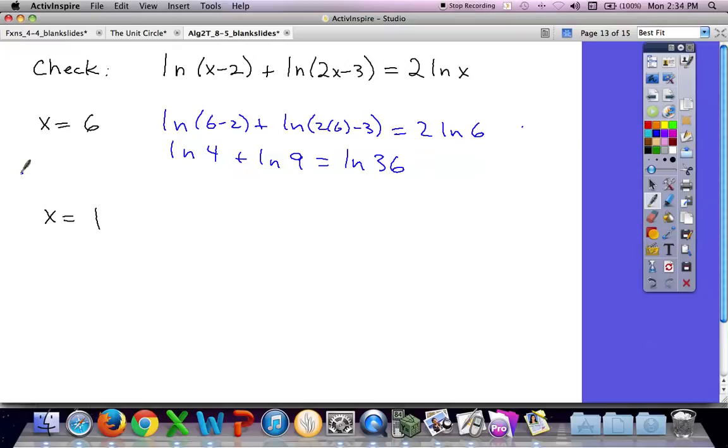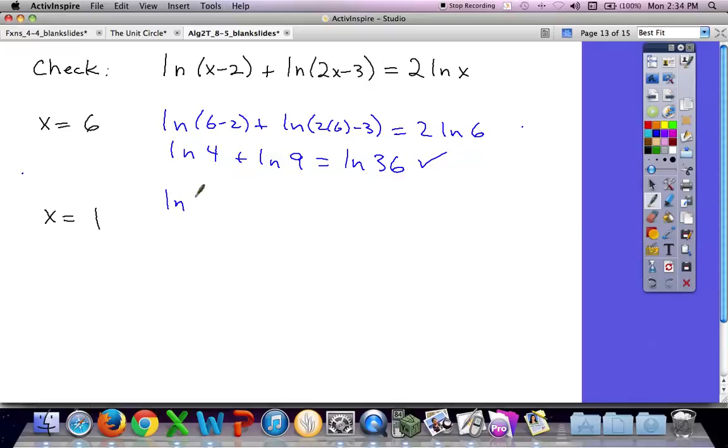Is that true? That's a product property. ln of 4 times 9 is ln of 36. So that checks, right?